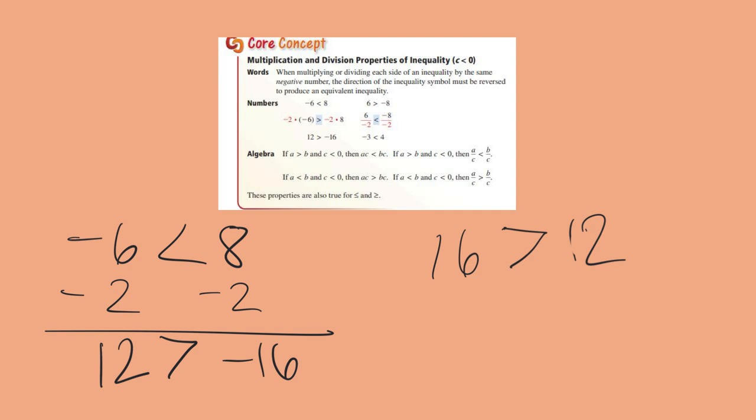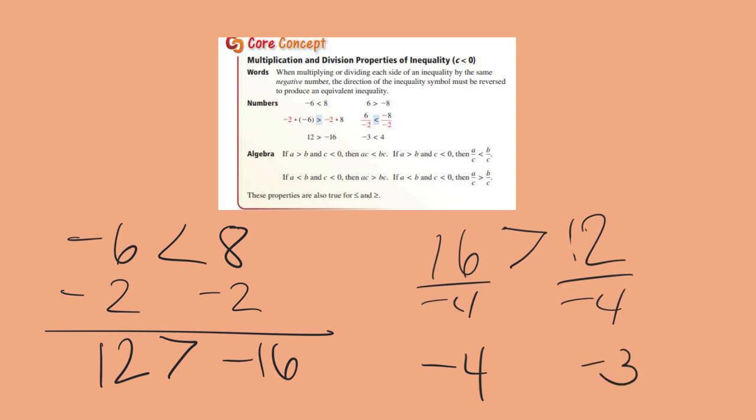Now, let's divide by a negative number on both sides. Give me a negative number that we could divide on both sides. Yes, negative 4. If we use negative 4 on both sides, what is 16 divided by negative 4? Negative 4. And what is 12 divided by negative 4? Negative 3.